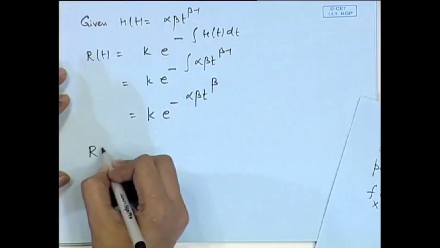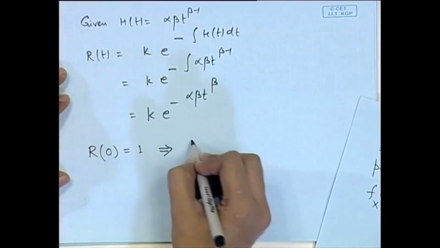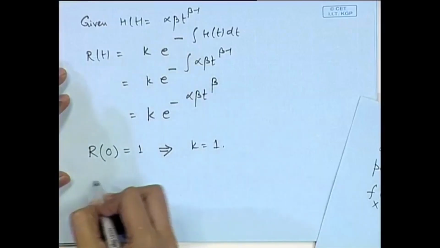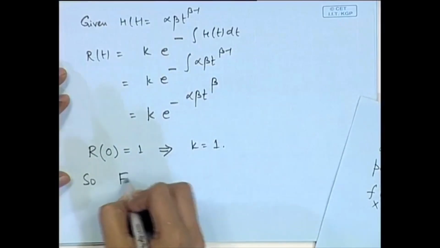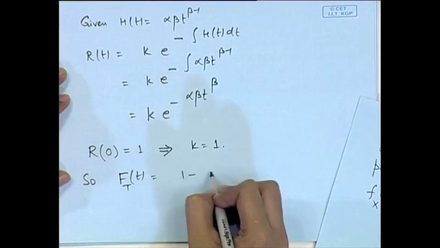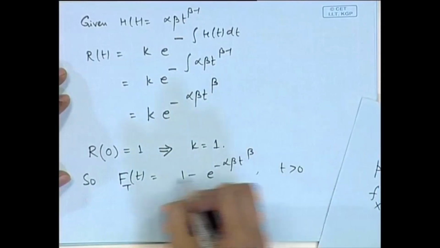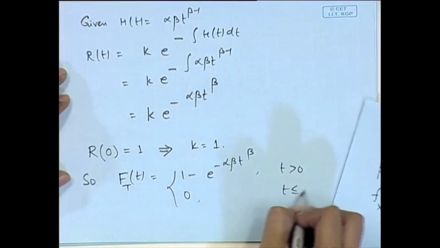So, if I put, say, R(0) equal to 1, then this will give us k equal to 1. So, F(t) will become equal to 1 minus e to the power minus alpha t to the power beta for t greater than 0, and 0 for t less than or equal to 0.